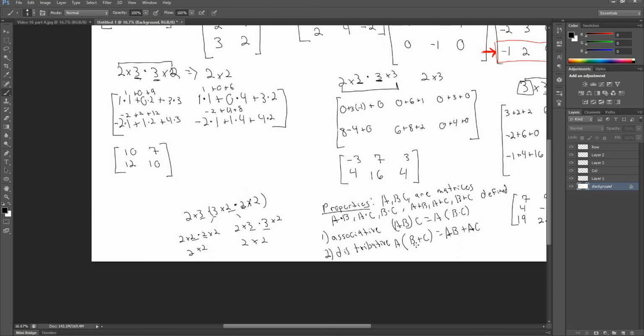I'm going to give a problem on Friday, just one, to work with the associative property. So you'll have to do really 3 multiplications. You'll have to do the left side and then do a problem with the right side, just to show that the distributive property is true.